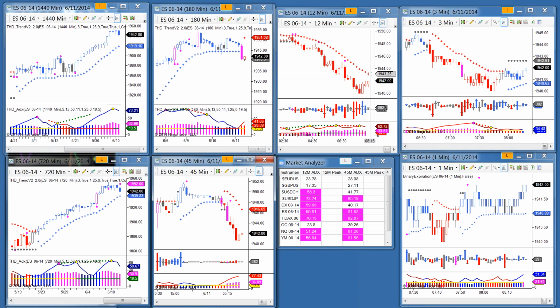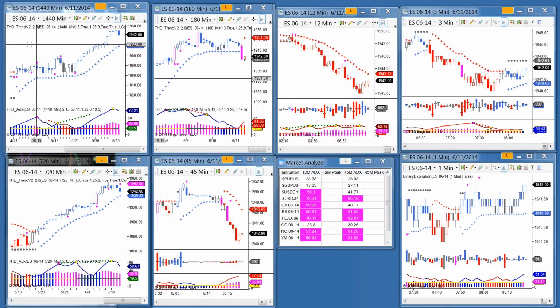That means that it will form a congestion dot, and the congestion dot acts as resistance and it will push price down. Okay, so there's two potential scenarios that could play out. Either one of them. I don't know which one, but I'm looking for either one of them to play out.